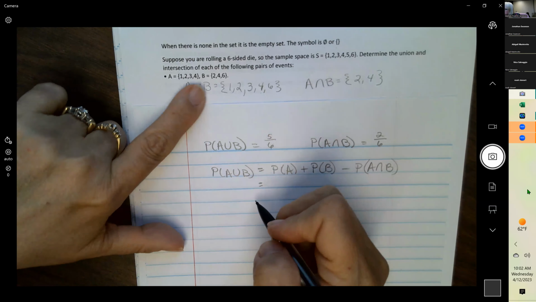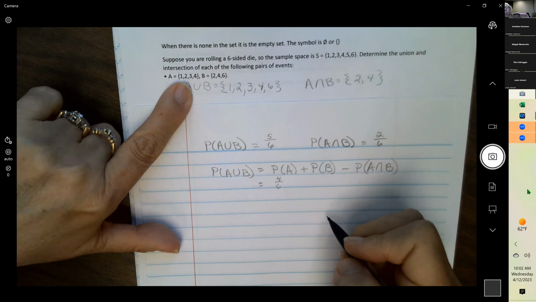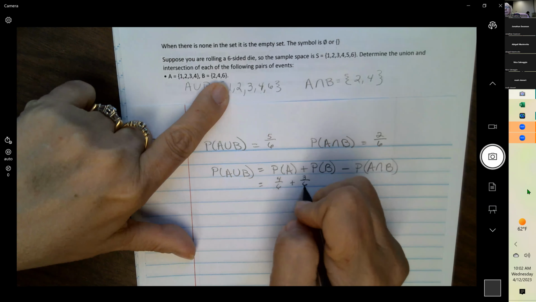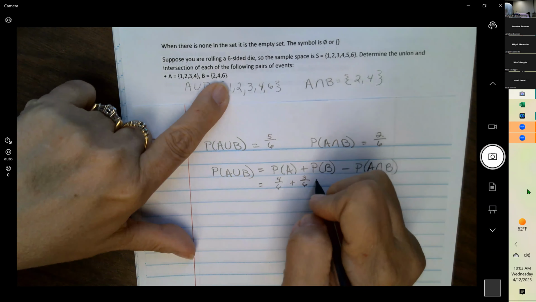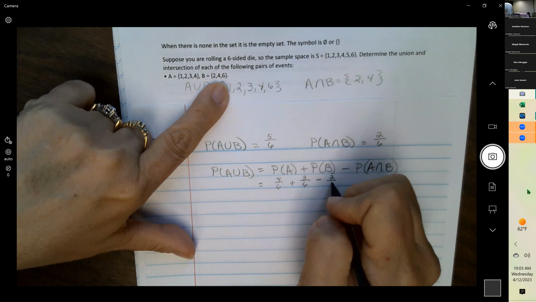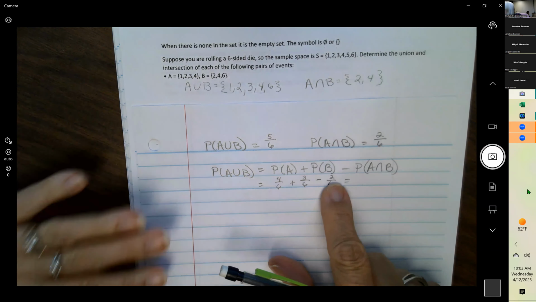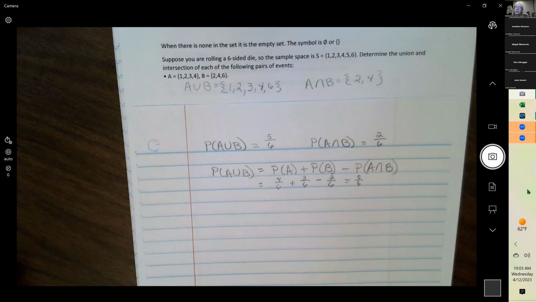Probability of A is 4 out of the 6. The probability of B is 3 out of the 6. And their intersection, subtracting it, is 2 out of 6. 4 plus 3 minus 2 is 5/6. So either way, you're going to get the same answer. Any questions on finding the probabilities?